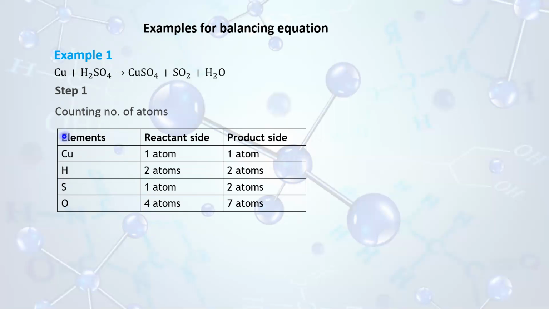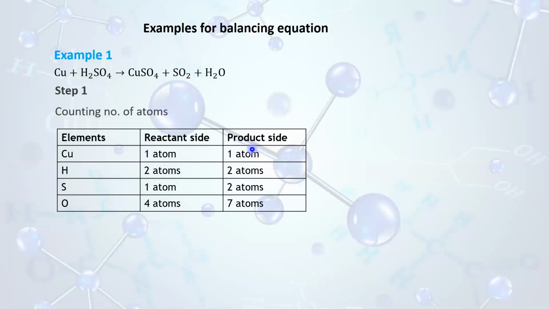On the first column, elements. On the second column, reactants. And on the third column, products. In the elements column, we are writing the symbols of all the elements taking part in the chemical reaction. In the second column, that is reactants, we are counting the atoms of each element on the reactant side.